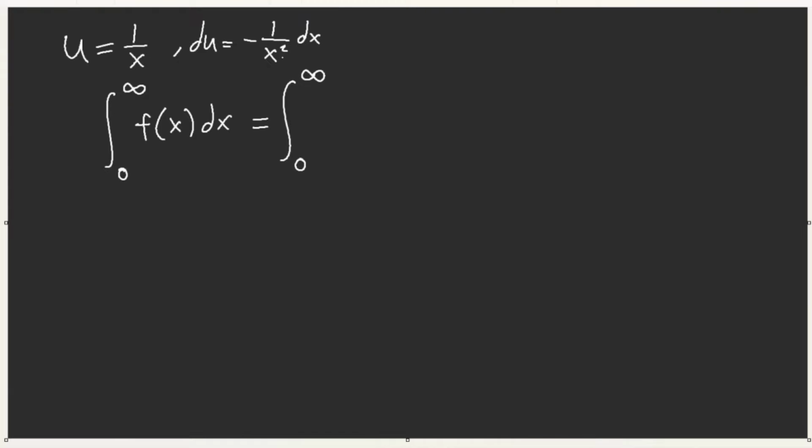And this x squared can also be written as u squared du. So pretty much what you have is 1 over u squared du. And then we can get some tricky stuff with it too, where you can add it together because we have the same bounds.